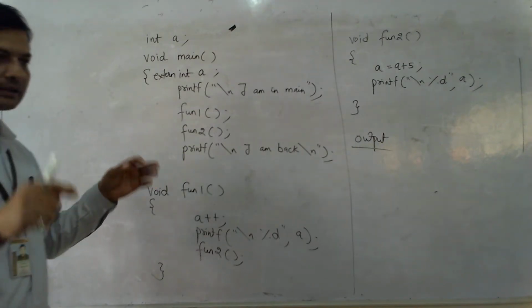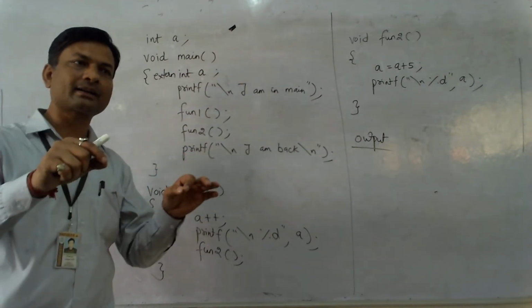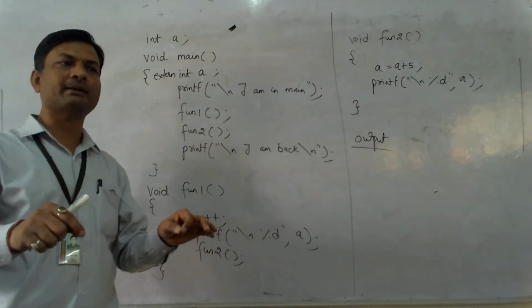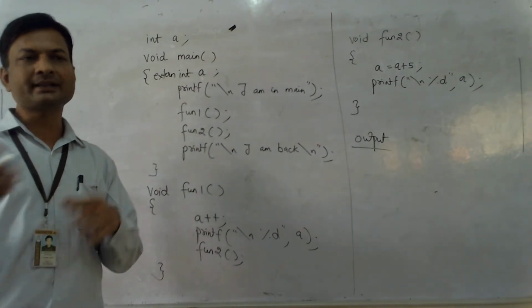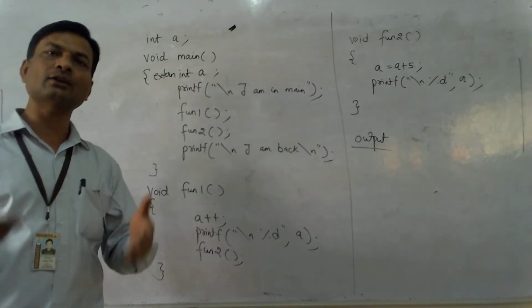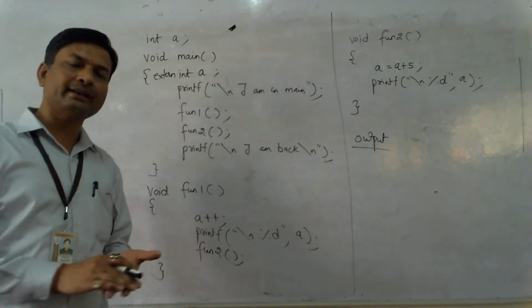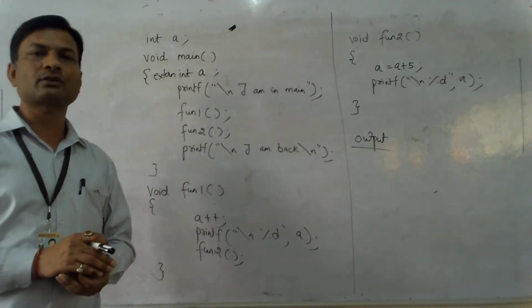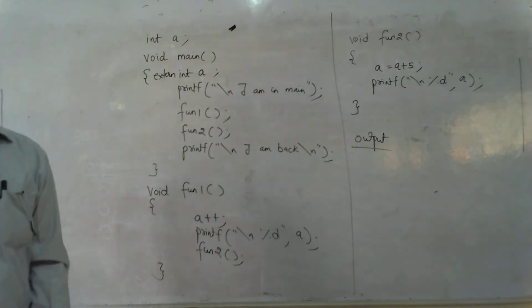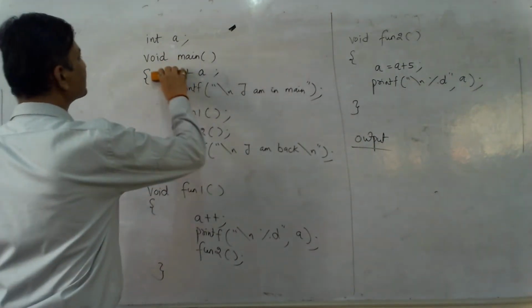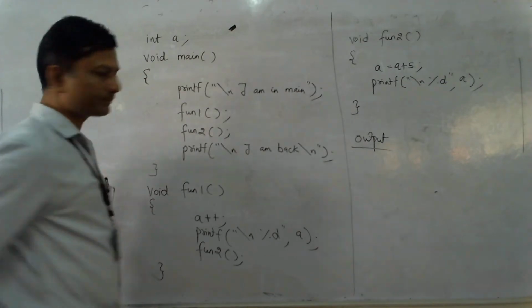So the difference is the place where you are declaring the variable. If you are declaring the variable inside the block, in that case default storage class is auto. And if you are declaring the variable outside the block, in that case default storage class is external. So let me remove this line, it is not required.